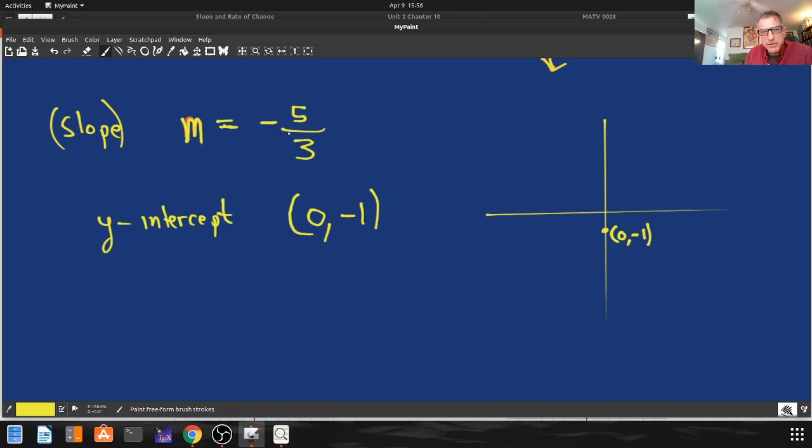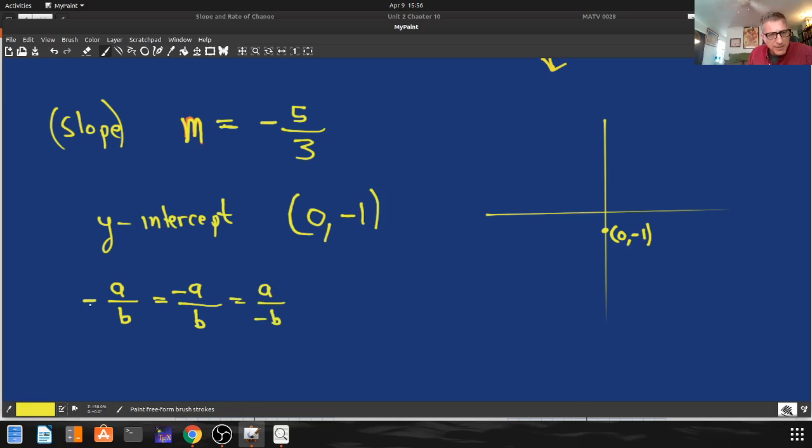So what am I going to do about this negative out in front? Remember, if I have a fraction a over b, and I want to find its negation, I have two different choices. That's the same as minus a over b, which is the same as a over minus b.